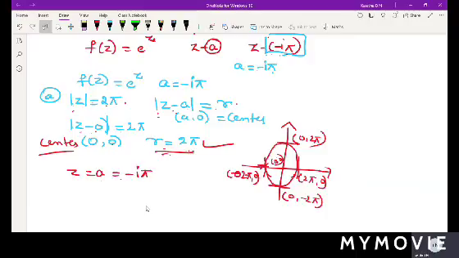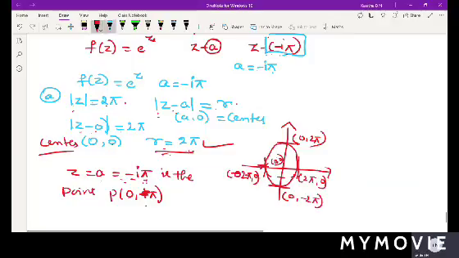Minus i pi lies on the y axis, at the point P of 0 comma minus pi.